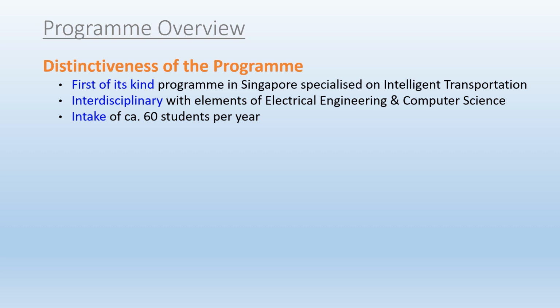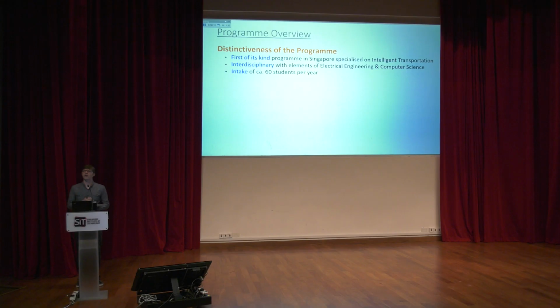It's an interdisciplinary field with elements of electrical engineering and computer science. And in the past years, we basically had an intake of 60 students per year, so you might regard it as quite exclusive, which of course has also many advantages. We can concentrate on our students maybe more individually.